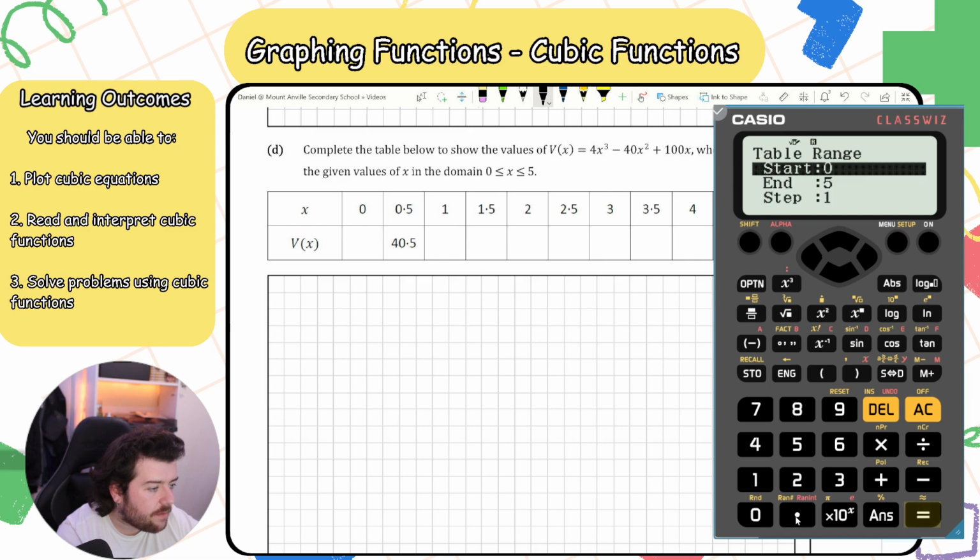I'm starting at 0, finishing at 5, and going up in 0.5, so going up in halves.